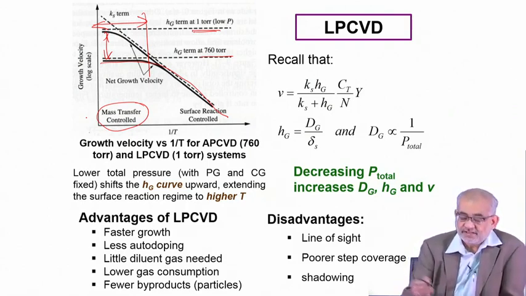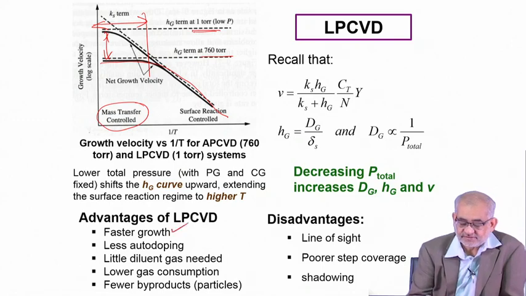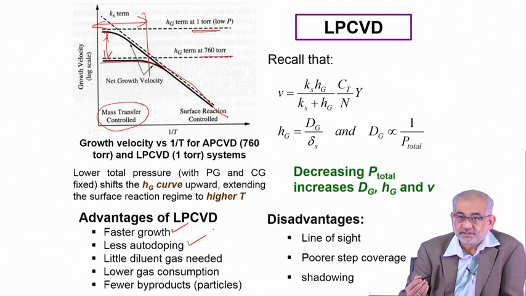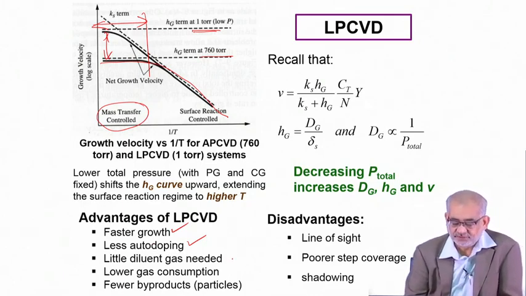So we certainly have these advantages. We have faster growth, we have less auto-doping, meaning ejected atoms from the substrate or the chemical reaction reaching the vapor phase and getting doped. So this hazard is less in case of low pressure CVD.